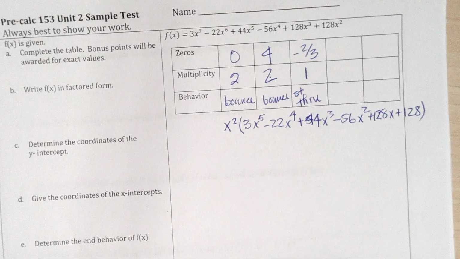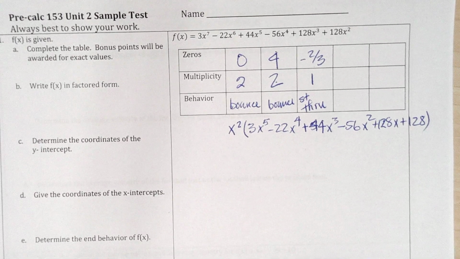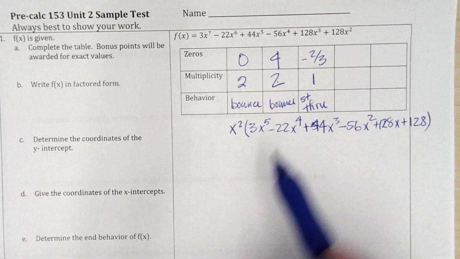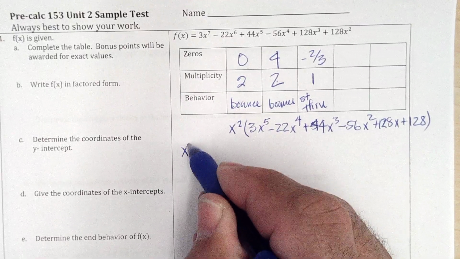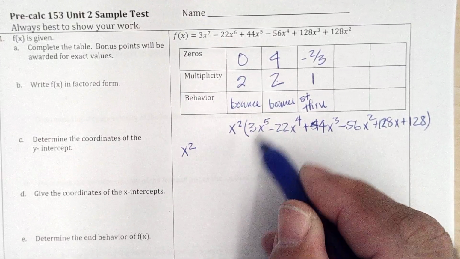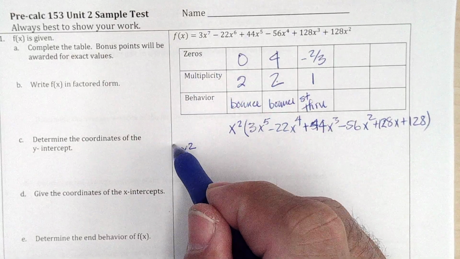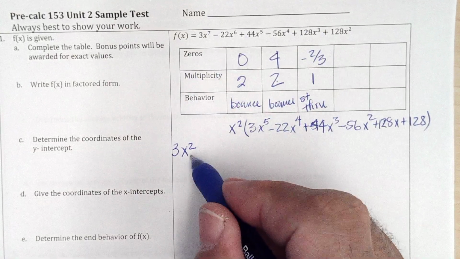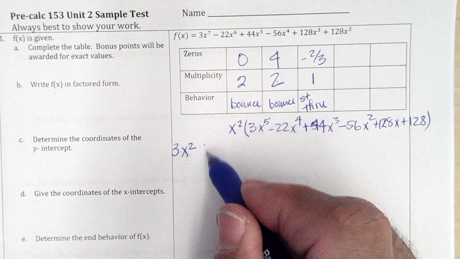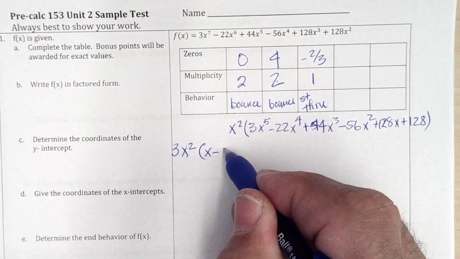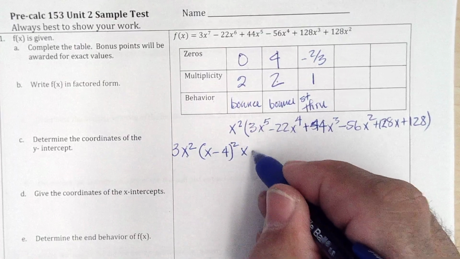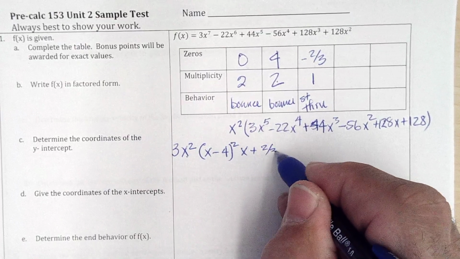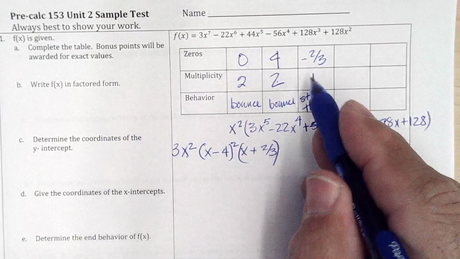So to find the other 2, we can divide by long division, but so far I know it's an x squared, and there's a 3, so I have a coefficient of 3, an x squared, an x minus 4 squared, and an x plus 2/3 to the 1.